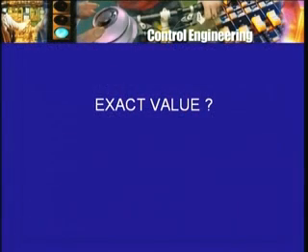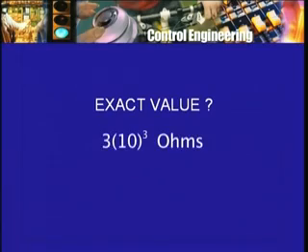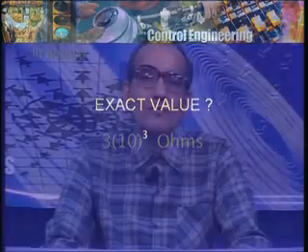And so there is another aspect of it which we must remember, that is, this value 1.3 into 10 raised to 3 is to be taken with a pinch of salt, in the sense it is not asserted that the resistance value is exactly 1.3 into 10 raised to 3 ohms, even if the bands on it may indicate that it is, say, 1.3 into 10 raised to 3 ohms.